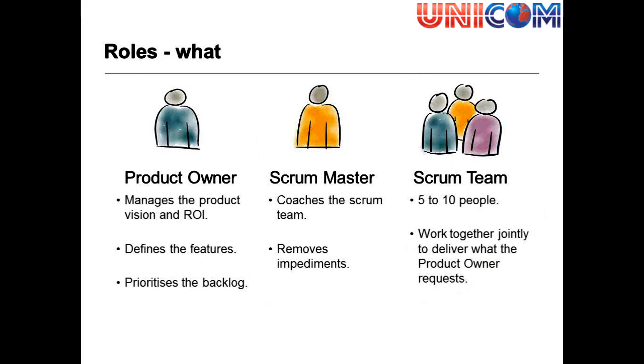The Scrum Master coaches the Scrum team, removes impediments. Typically team leaders fall into this type of role, but it's the idea that they're a coach. They could be anybody. They may be technical, they may not be. And the Scrum team is everybody else that you need in the team to deliver that potentially shippable increment.